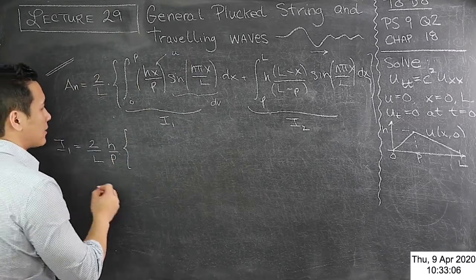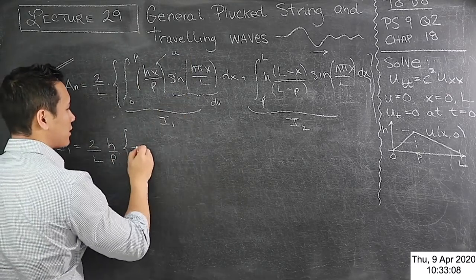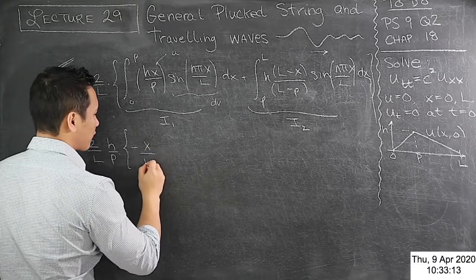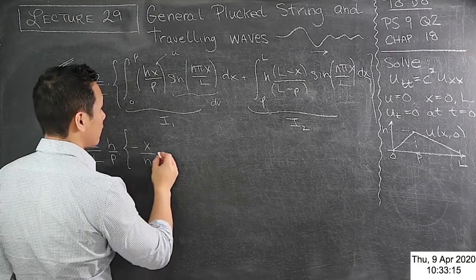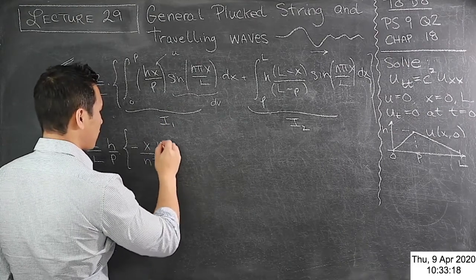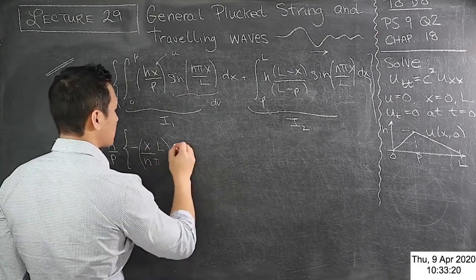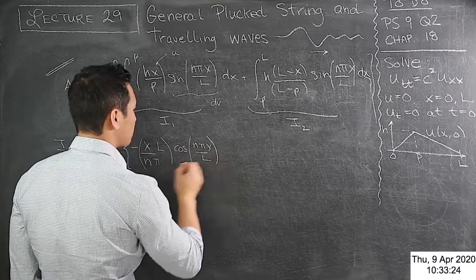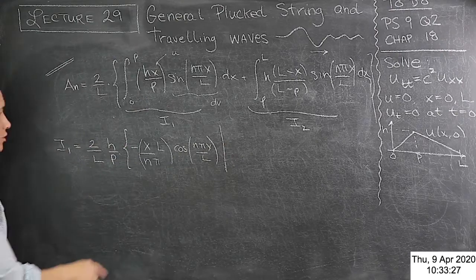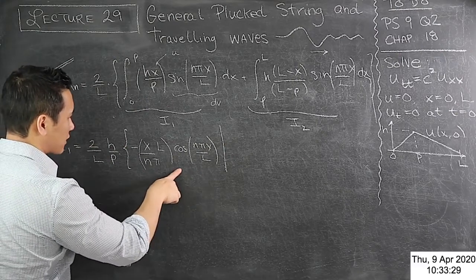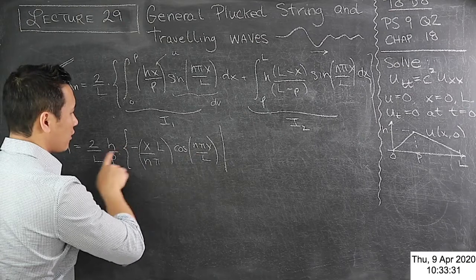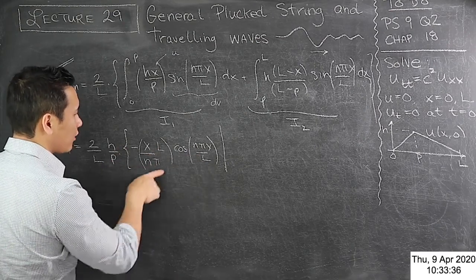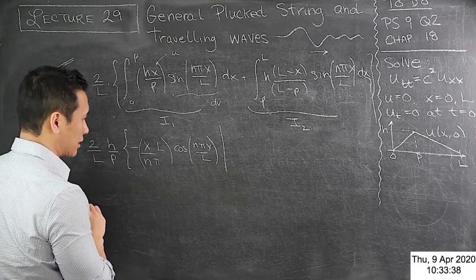And you get u times v, so I have to integrate the sine. That gets me a negative. I have a u, which is x. I have the factor of L over n pi times the cosine of n pi x over L. Okay, and then just make sure that if I take the derivative of this cosine of n pi x over L, you'll get the factors of L over n pi canceling with the factor of n pi over L, and then a negative sign, because that looks about right.